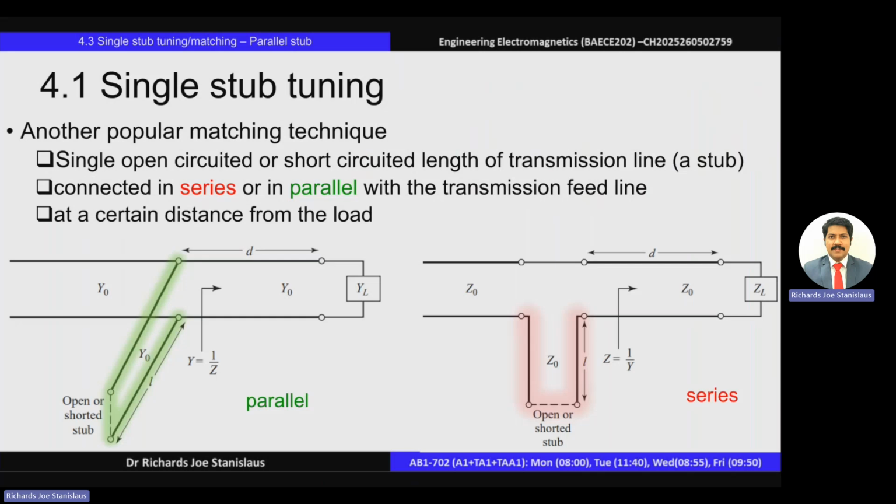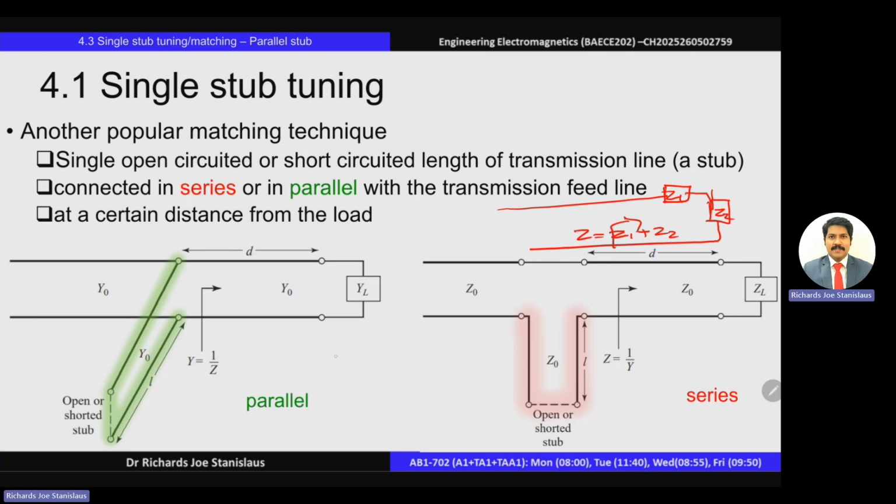In series stub tuning, we preferred impedances, because when you have more than one impedance in series, all you need to do is find the total impedance. It is just the sum of the two impedances, right?